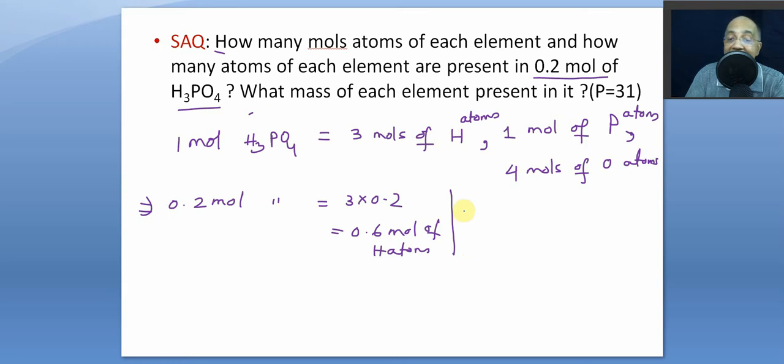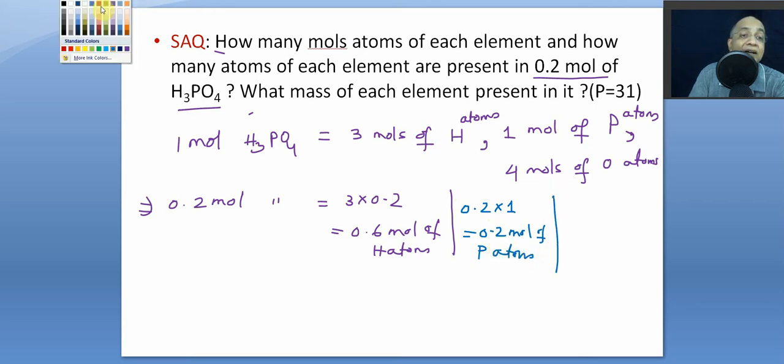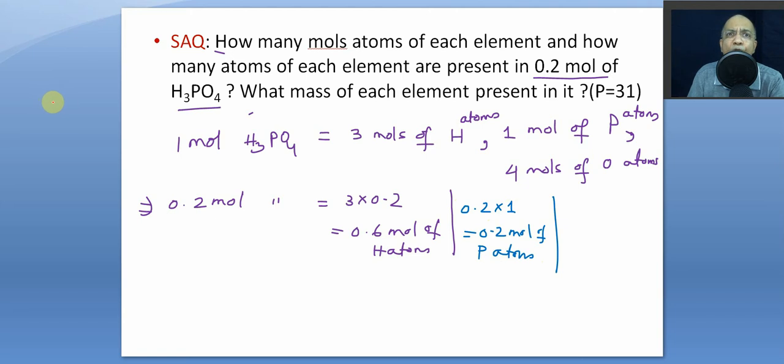And 0.2 into 1, that is equal to 0.2 mole of phosphorus atoms, and... I'm saying many more ands. Some of my viewers have pointed out that I am saying 'and' so many times, and it sounds very monotonous to you.